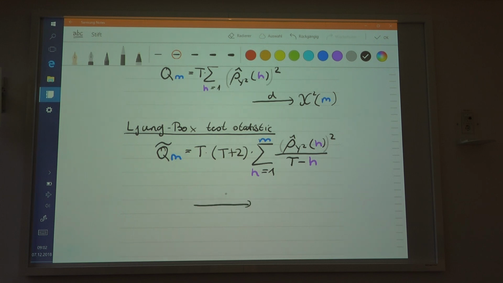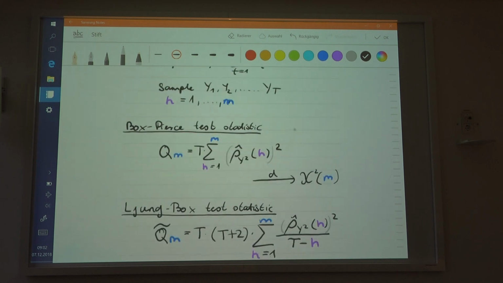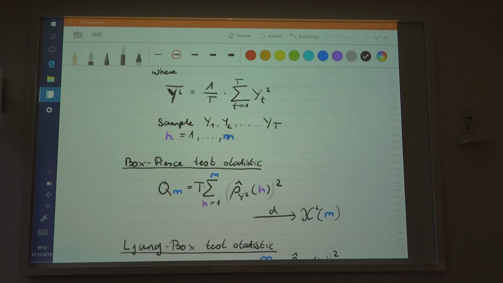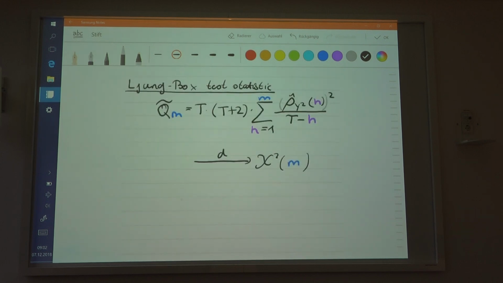This also converges in distribution to the chi-square distribution with m degrees of freedom. The second part applies in case the time lag is relatively large, because then the empirical autocorrelation estimate would not be accurate, if it's relatively close to capital T. So that's why it's modified.